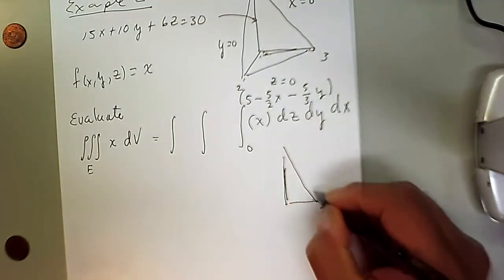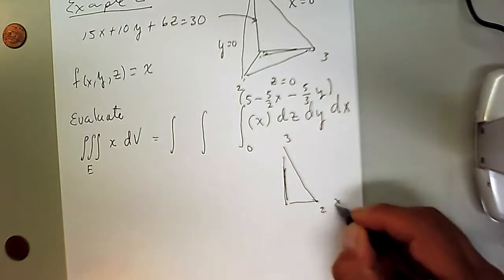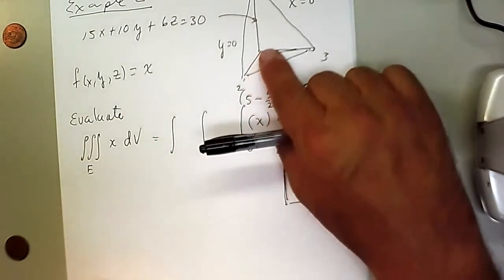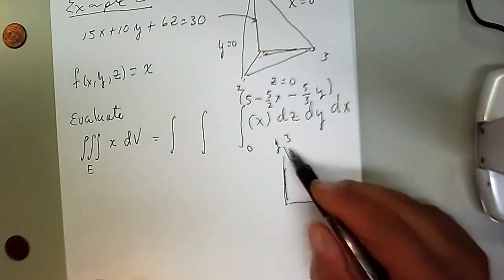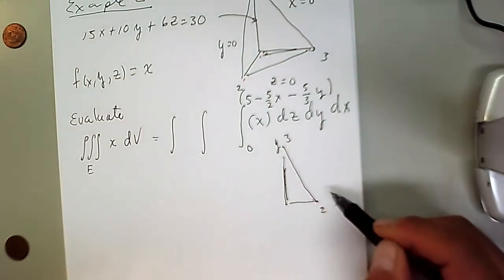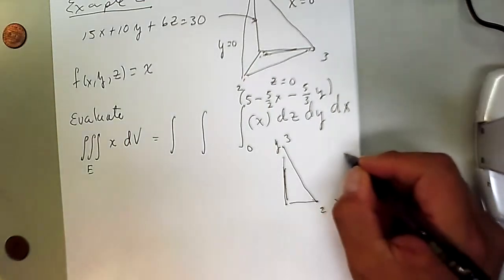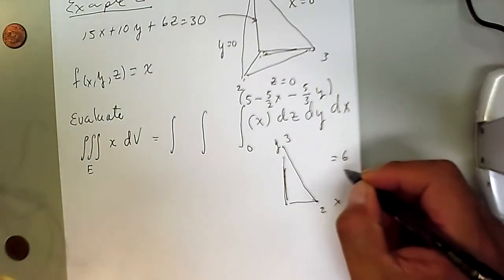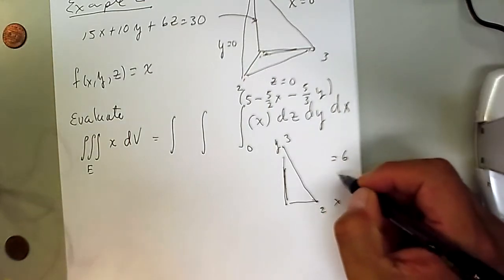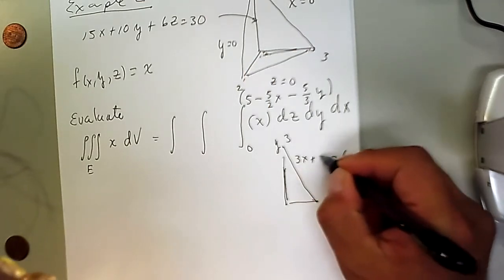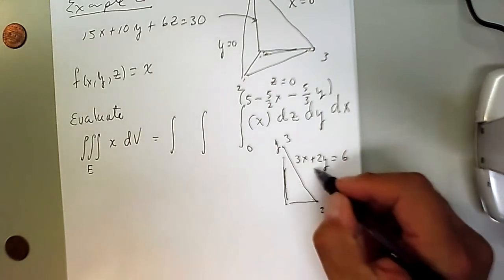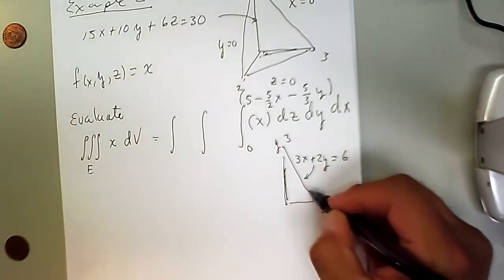This is the x-axis, that is the y-axis. X goes to 2, y goes to 3. What is the equation of this? So we would like a 6 as an output. And we want x, so 3x plus 2y. So this is the equation of this side.